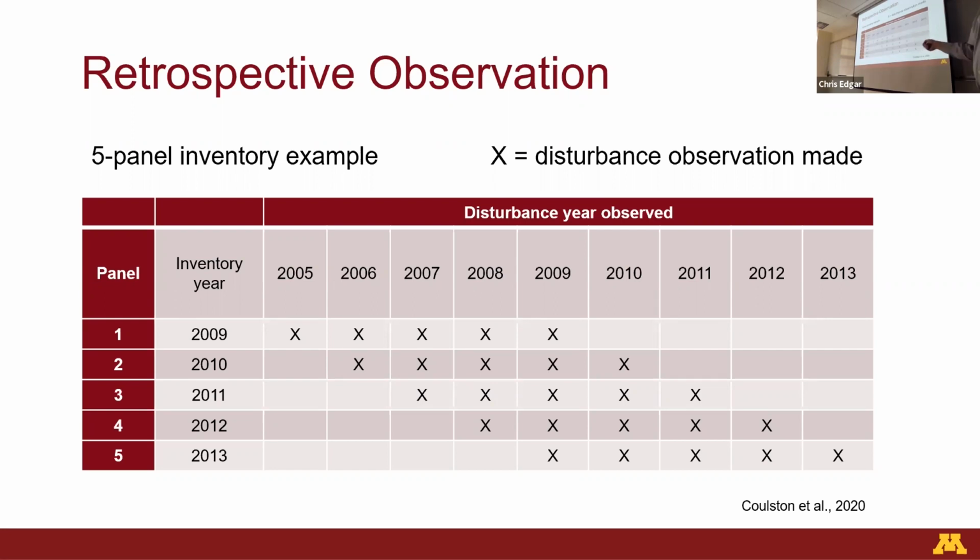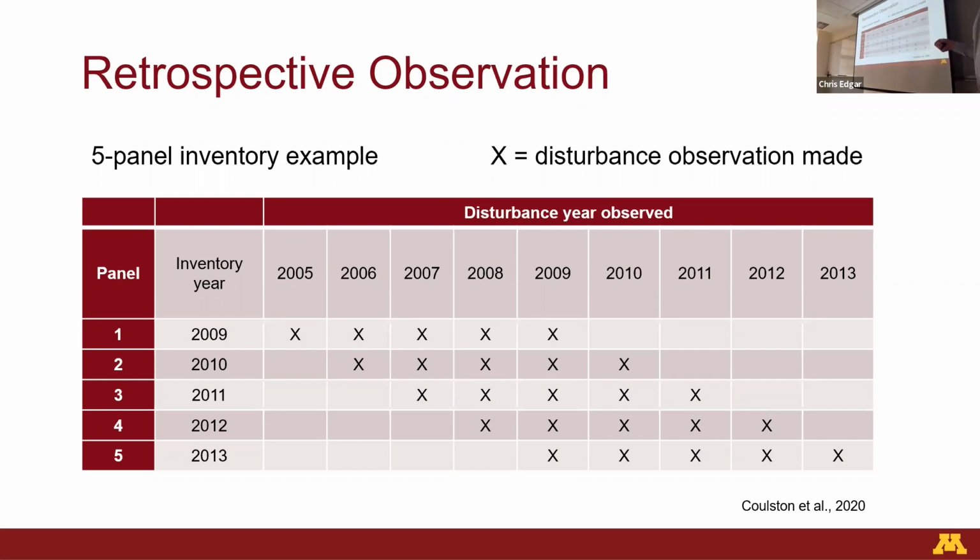And when you start to do this very simple little diagram here, you begin to realize it's only this year that we have a complete observation of disturbance for that year. For every other year in which we might want to estimate how much occurred, we don't have the full sample size.